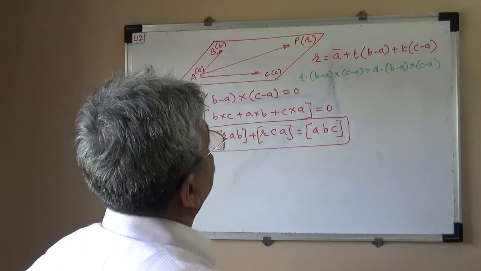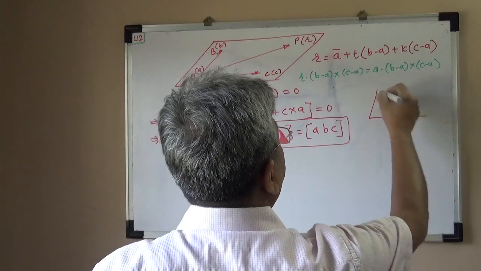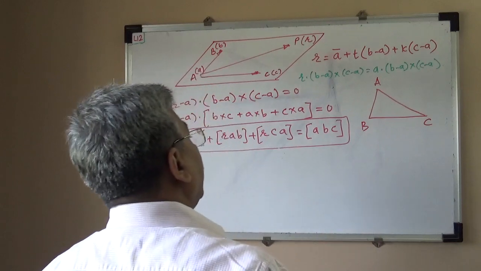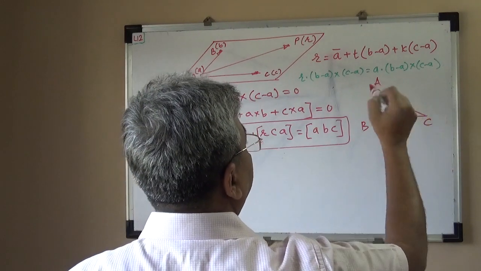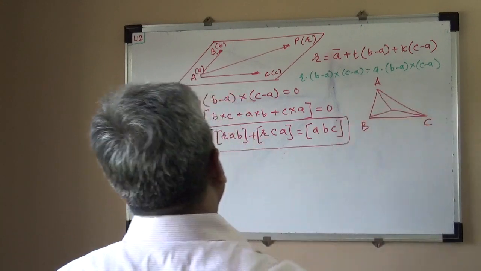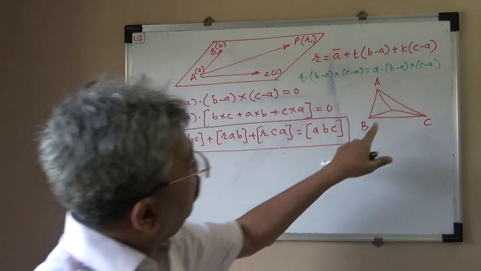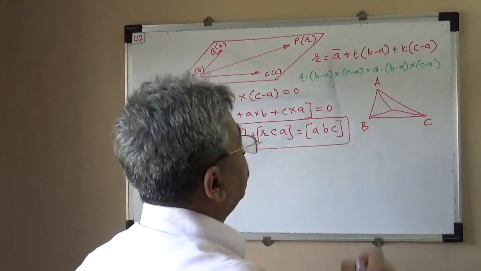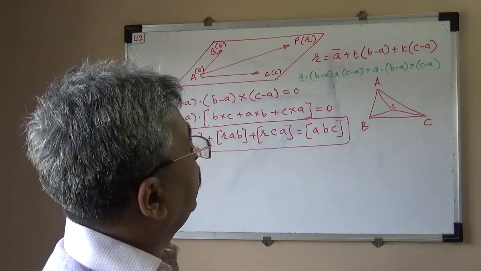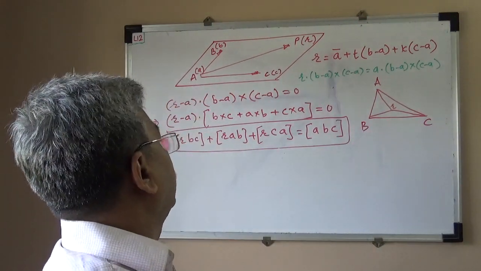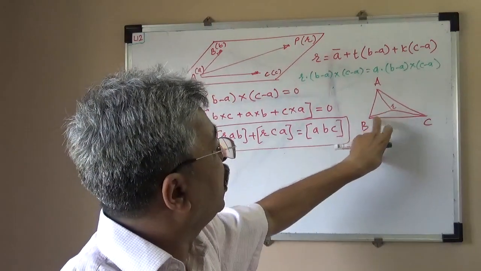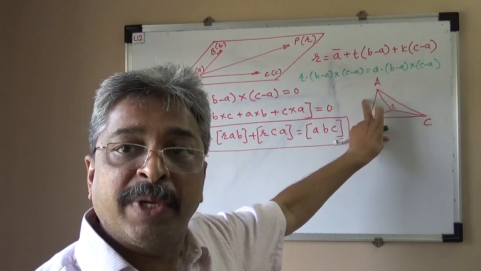Let us go back to two-dimensional geometry where we have triangle ABC, and if you take any point in the plane of triangle ABC and then join them, so if I take this point R in the plane of triangle ABC, then the area of triangle ABC is going to be the area of RBC plus RCA plus RAB.